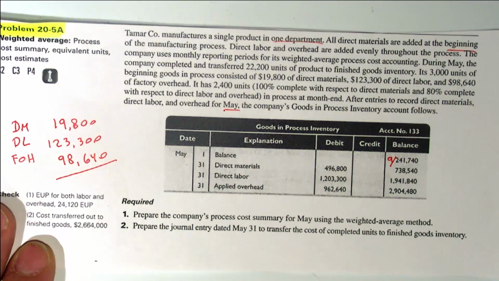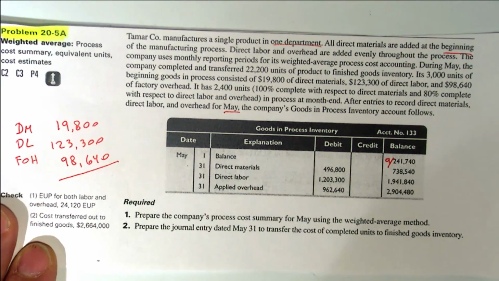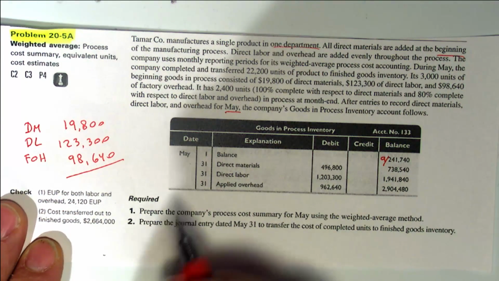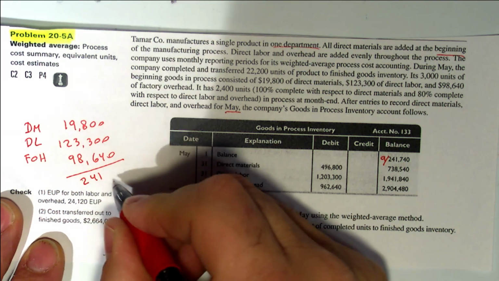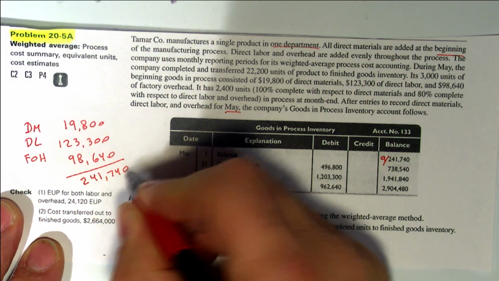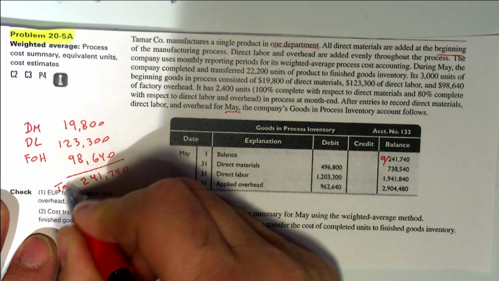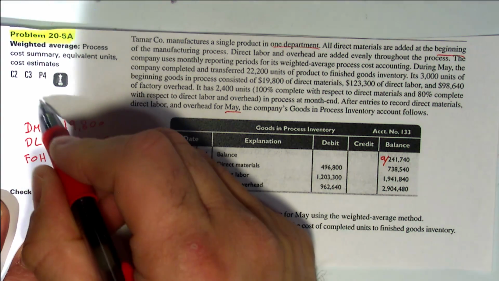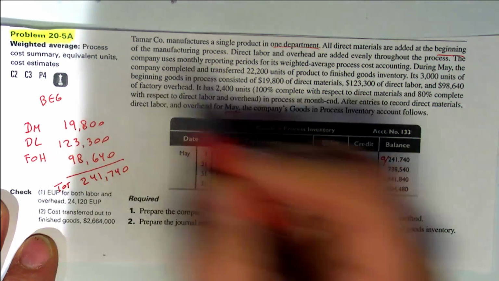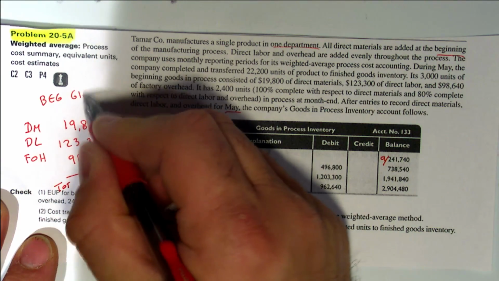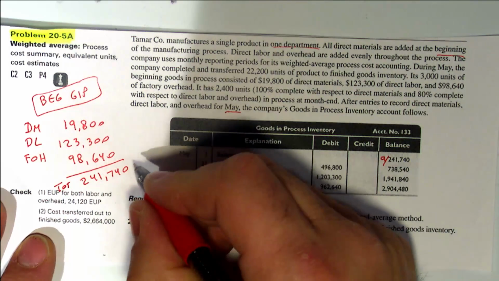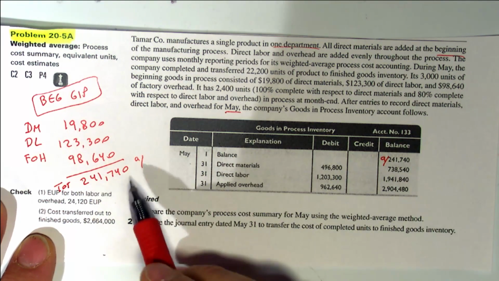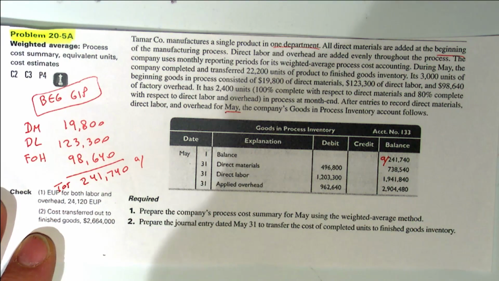Now let's add those numbers up. If we add those numbers up, we get 241,740. And this is what is in beginning goods in process. So that tick mark ties over to there. That's what that's comprised of.